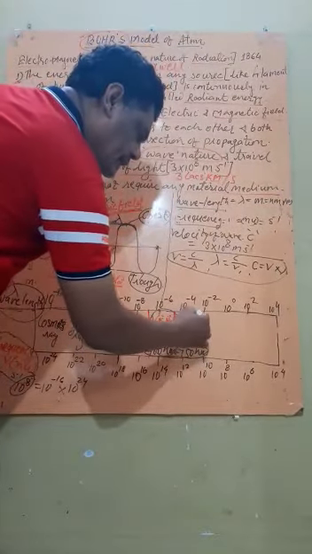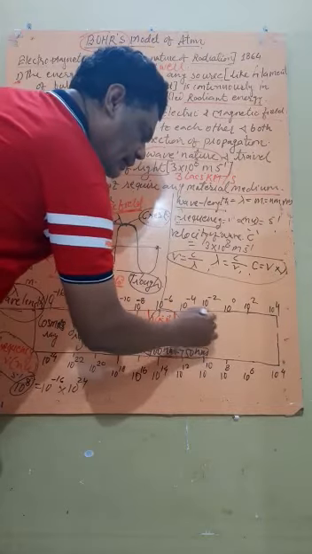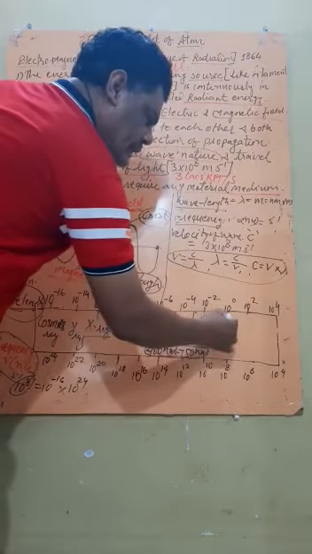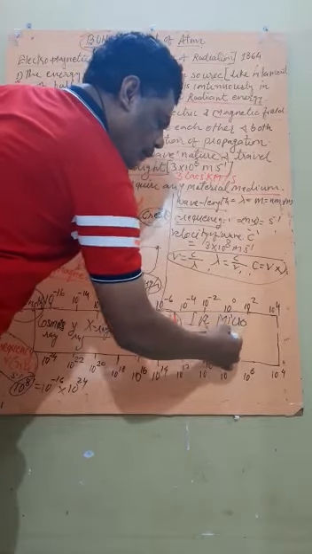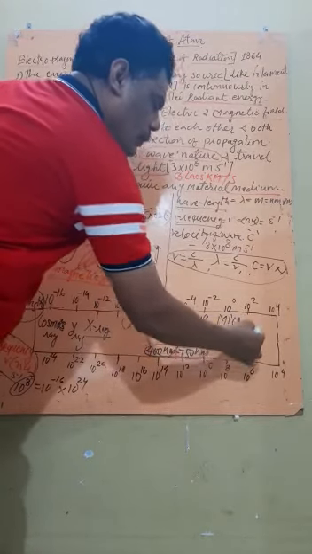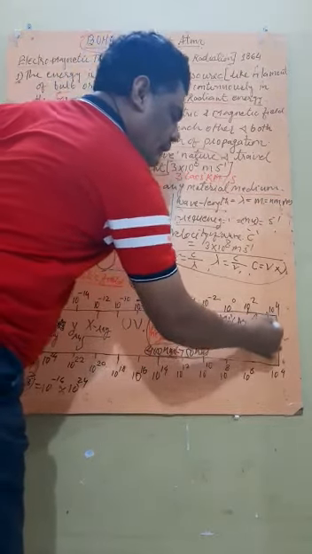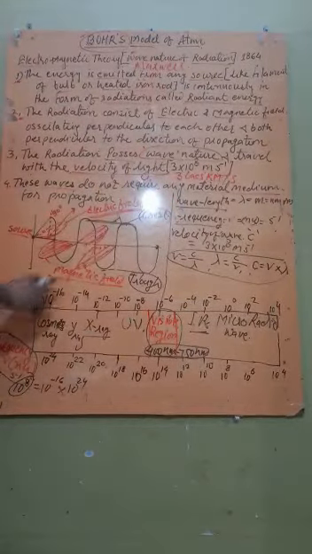Infrared radiation. Then here it comes microwave, and here it comes radio wave. So these differ only by wavelength and frequency, but their velocity always remains constant.